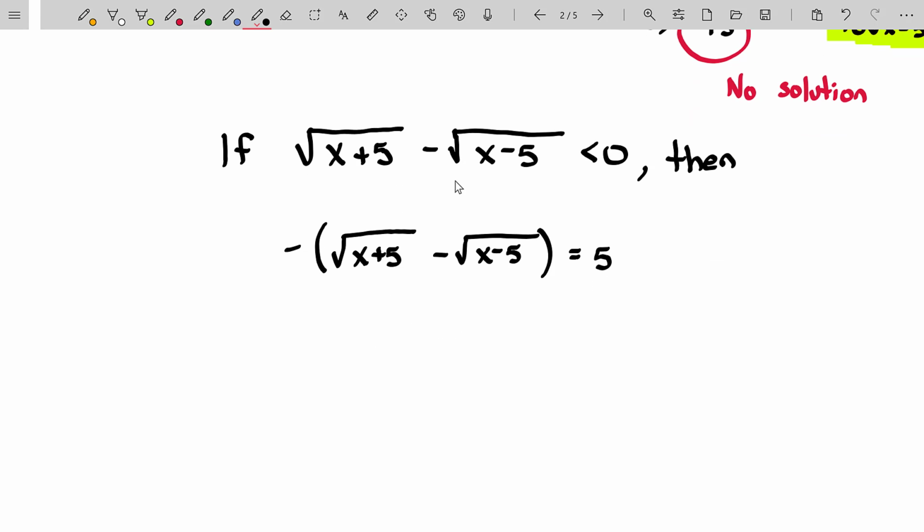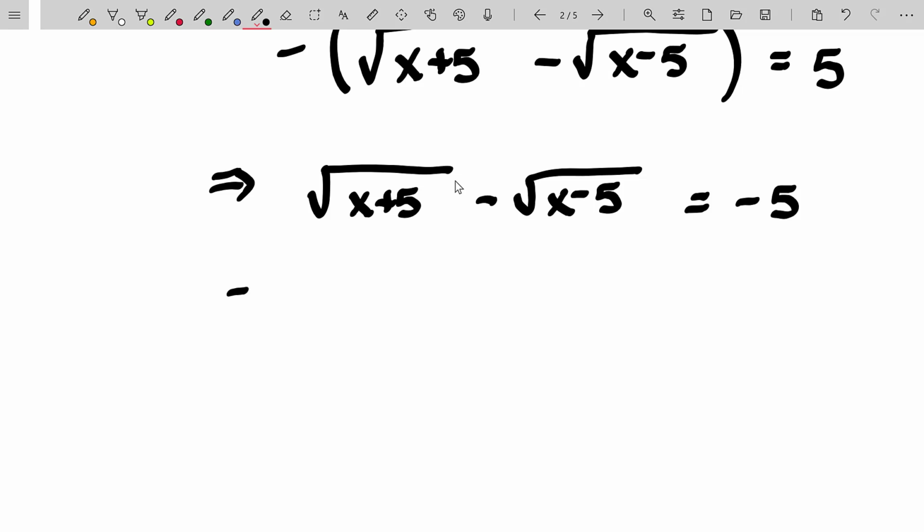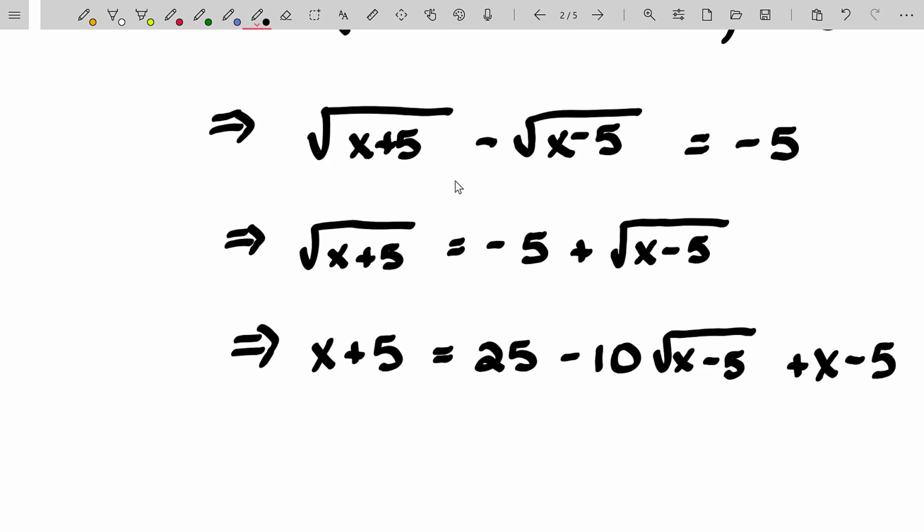Rather than distributing that negative, I'll just multiply both sides by a negative 1. And again, isolating one of the radicals. And finally, squaring both sides. And I shouldn't say finally because there's still a lot of work to do.